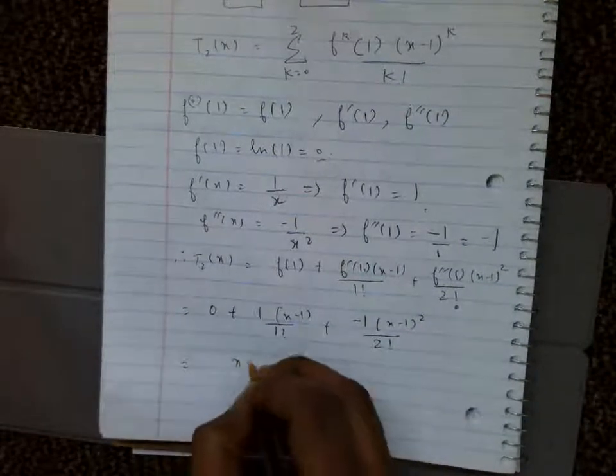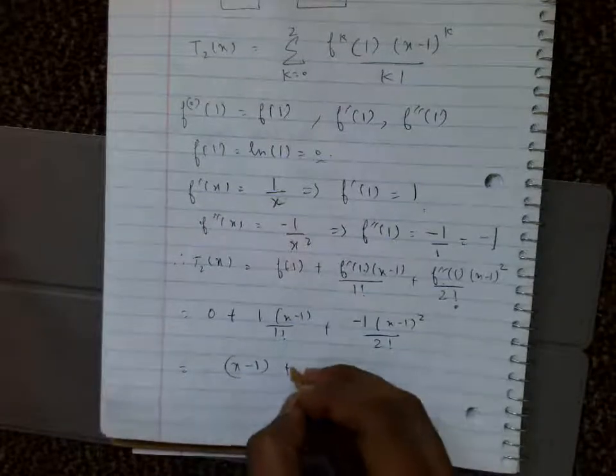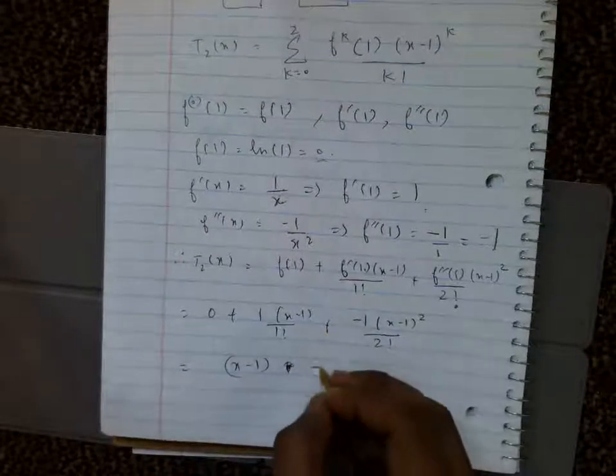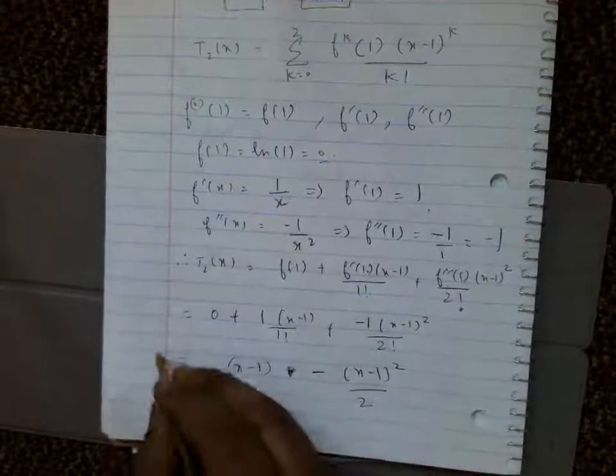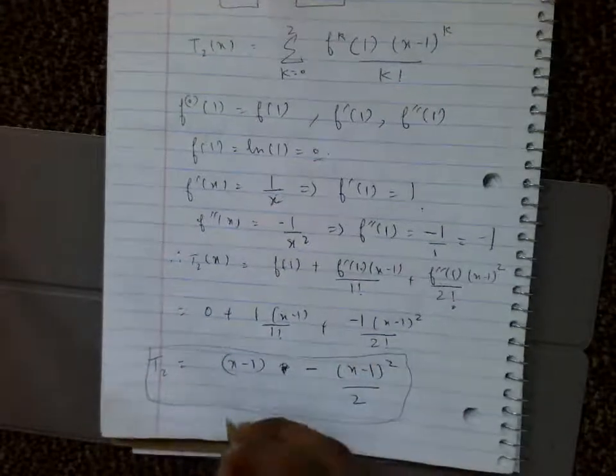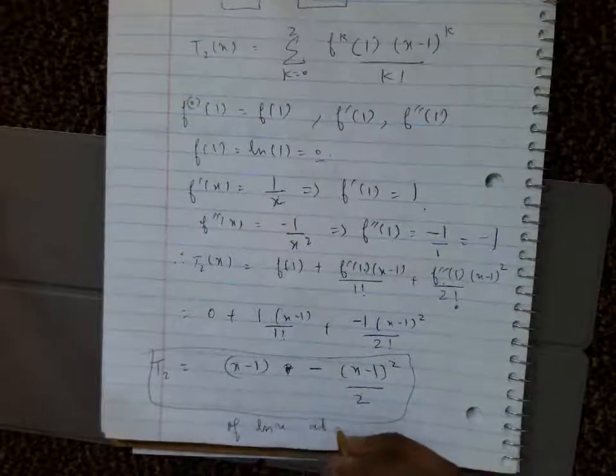So this is just (x minus 1), plus, sorry, plus minus becomes minus, (x minus 1) whole square by 2. So this is the required Taylor polynomial of log of x at x equal to 1.